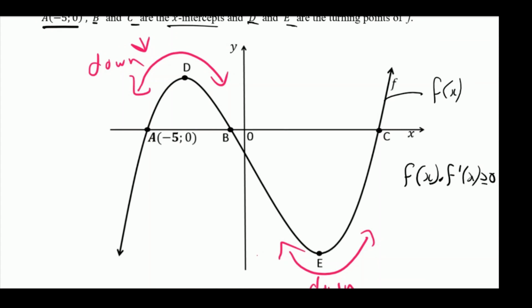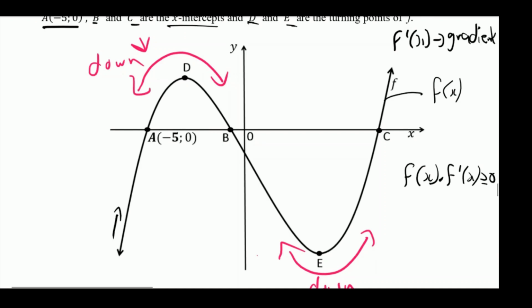So we're going to look at this function here, and as I said, this is f of x, and the derivative just tells you the flow of the function, the gradient. The derivative is the gradient, right?